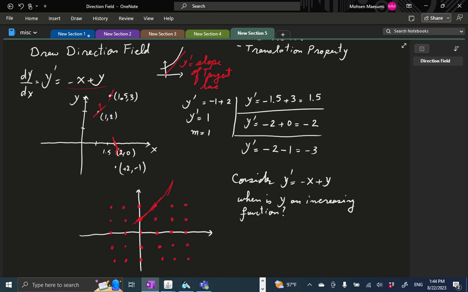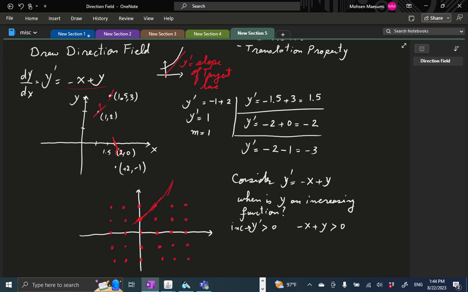Increasing function means, from calculus, that y prime is positive. Well, this is my y prime, so minus x plus y is positive.